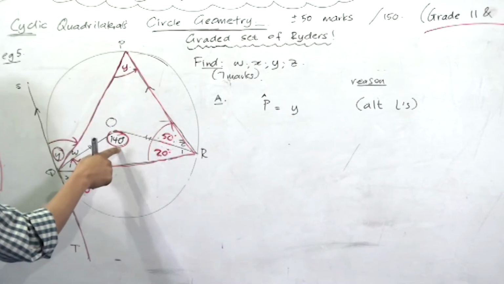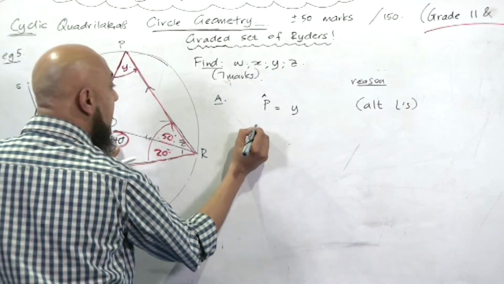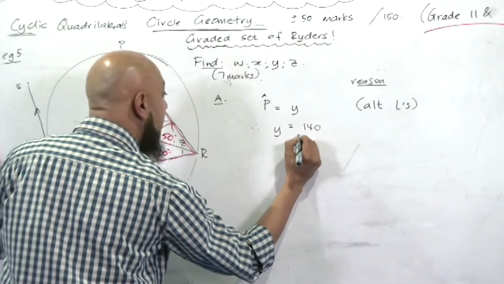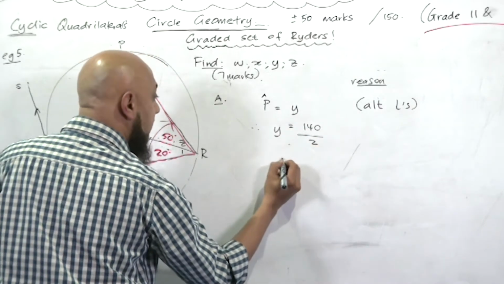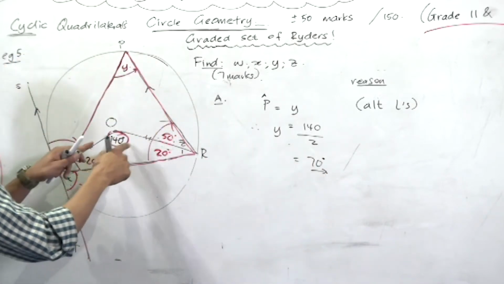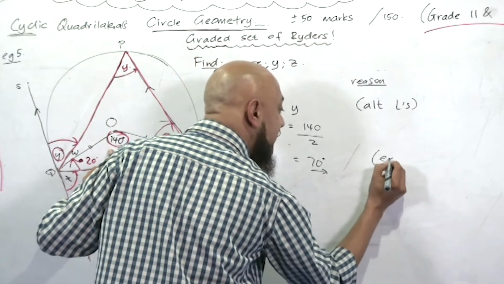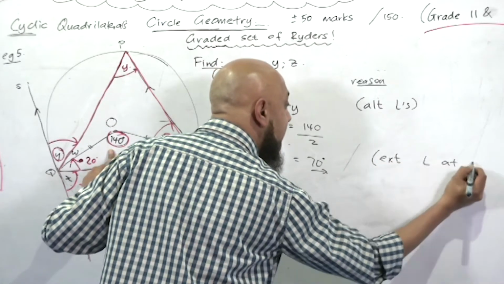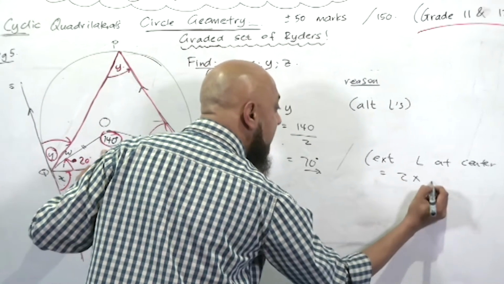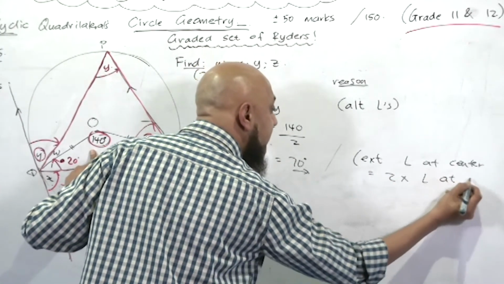So therefore Y is equal to 140 divided by 2, which is equal to 70 degrees. Why are you saying that? Because exterior angle at center is equal to 2 times angle at circumference.